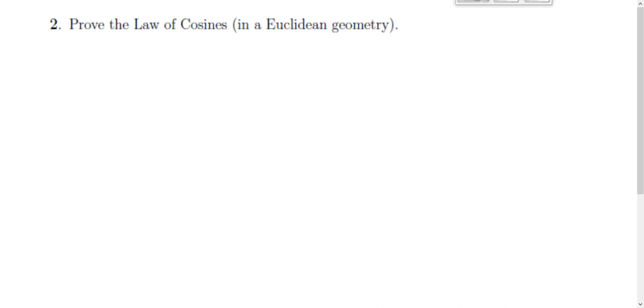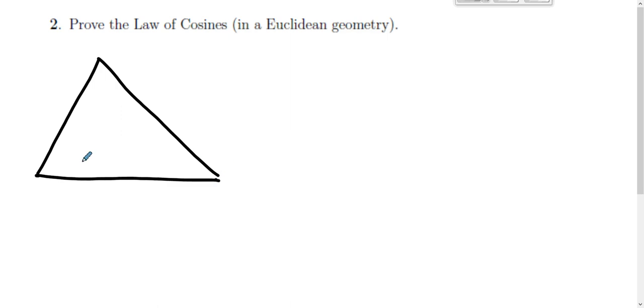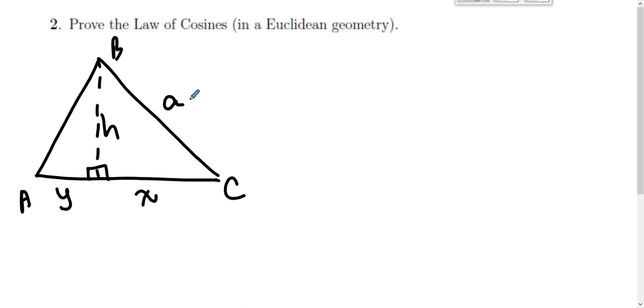We can prove the law of cosines in almost as straightforward a way. Here's some triangle ABC. Drop the height to this side, break that up into a y and an x. That's little a, that's little c.